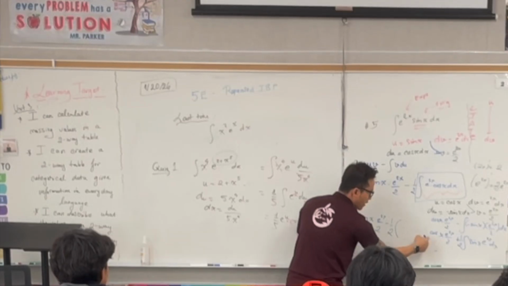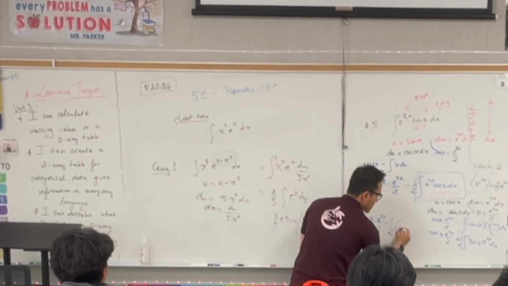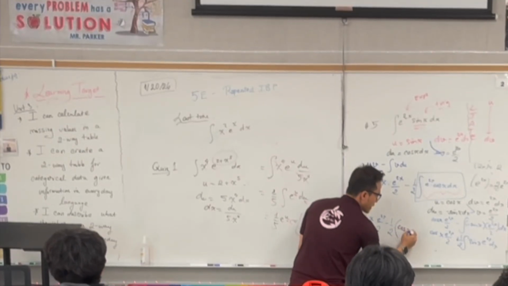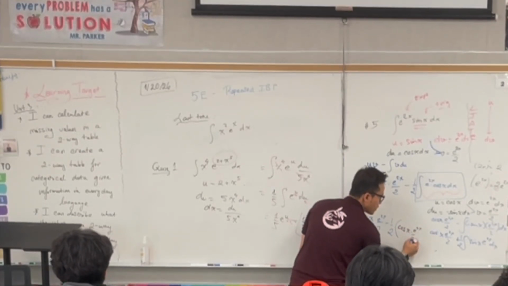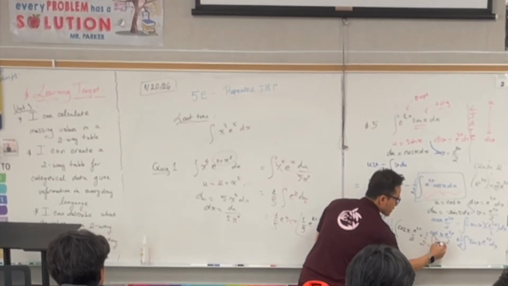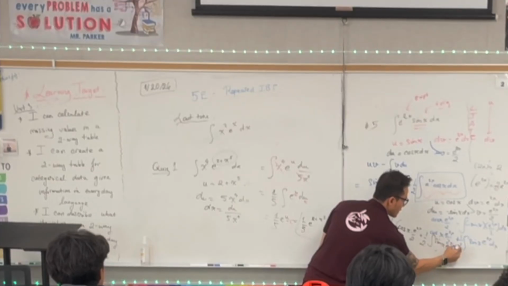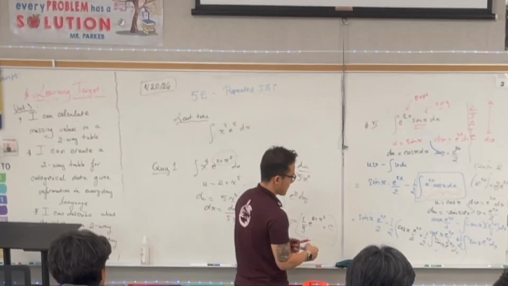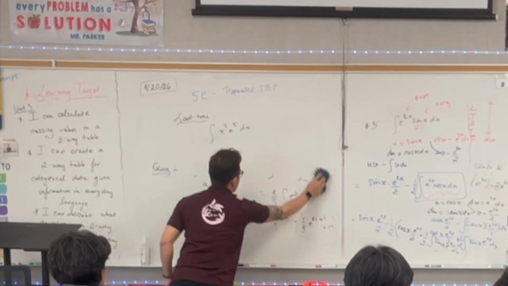So now this part, we're going to use a different color. Cosine x e to the 2x over 2 plus 1/2 integral sine x e to the 2x dx. It's hard to say now, let me write it.